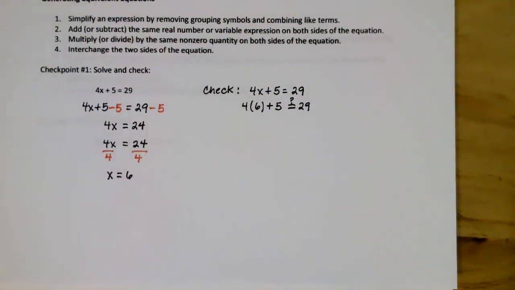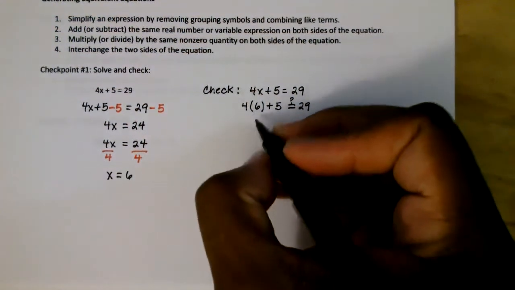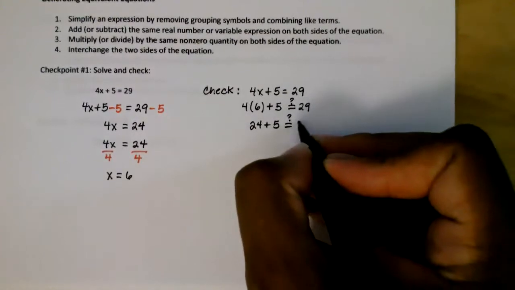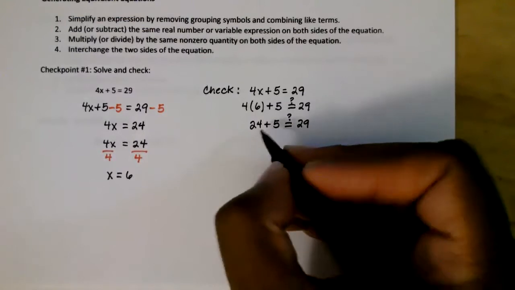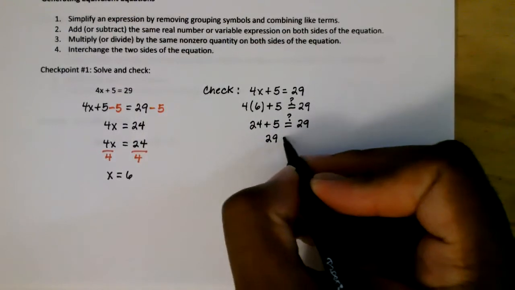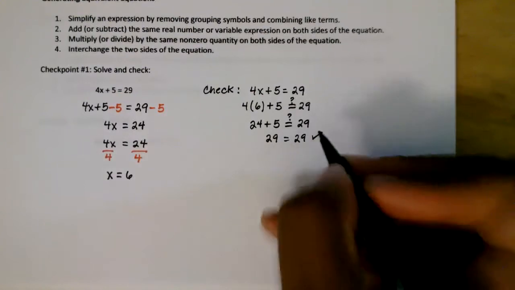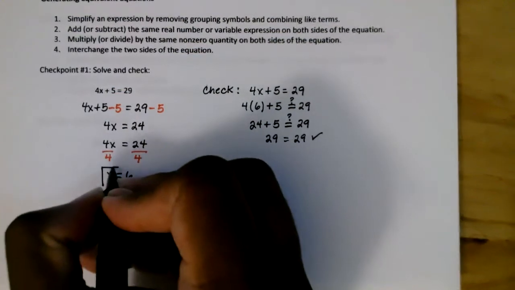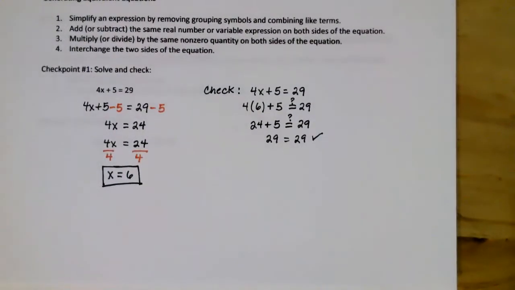Notice I put a question mark above the equal sign because I'm asking, does 4 times 6 plus 5 give me 29? Well, 4 times 6 is 24, and 24 plus 5 is 29. It does. So that checks, and I can say for certain, x equals 6 is the solution to that linear equation.